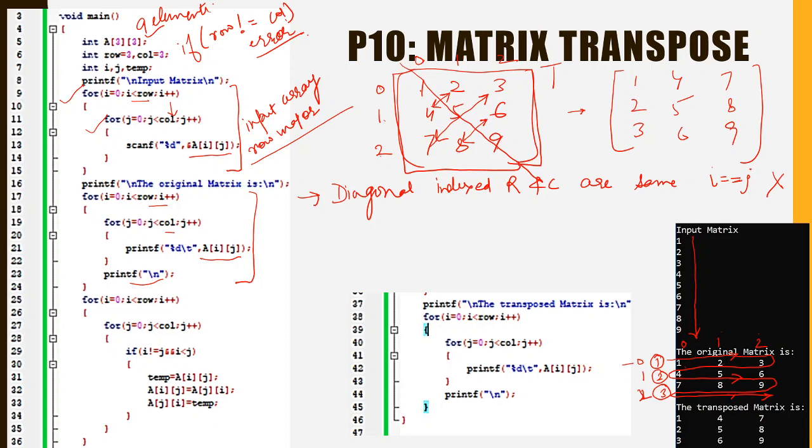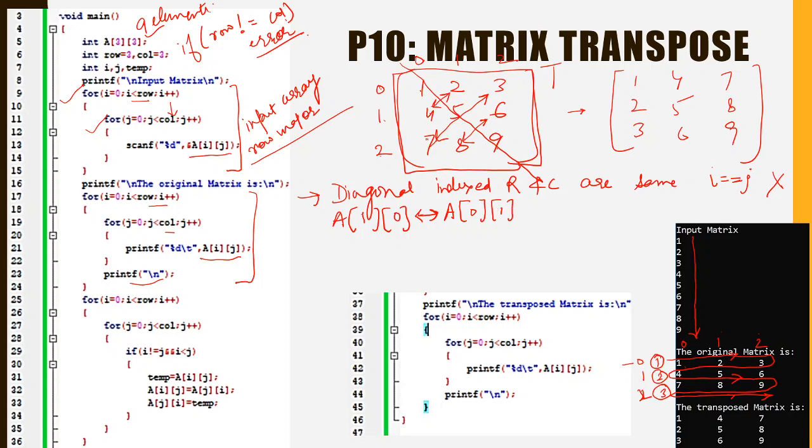Apart from that, you can see that 4 and 2 are replaced. The index of 4 is 1 0, and it is to be interchanged with a 0 1.